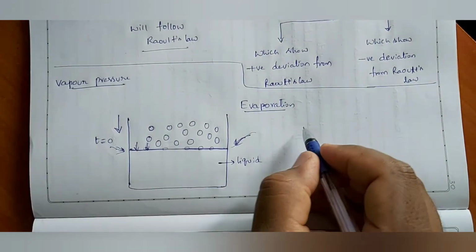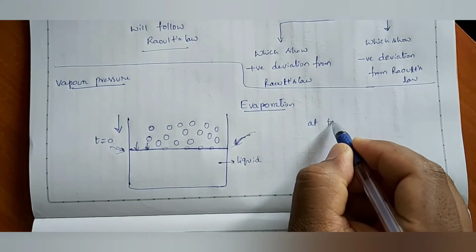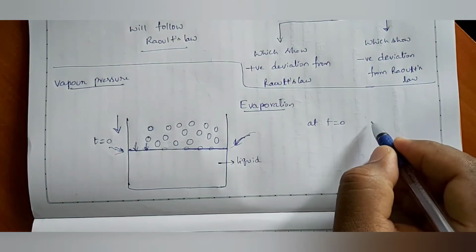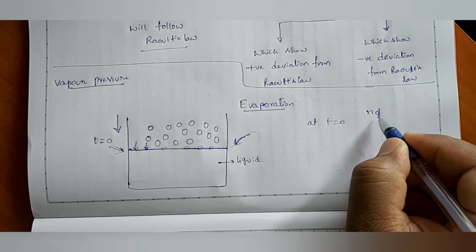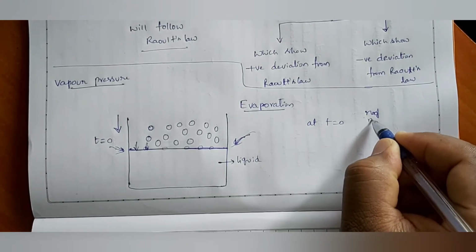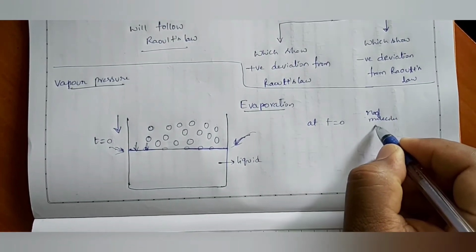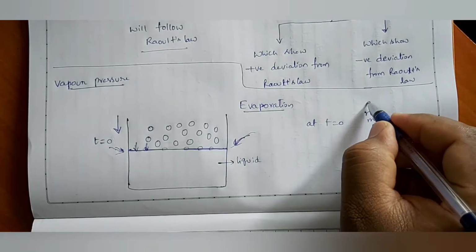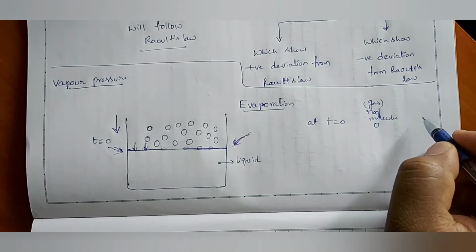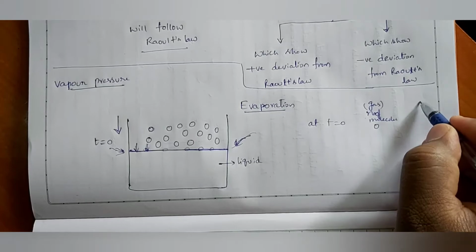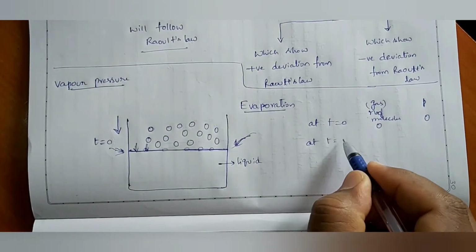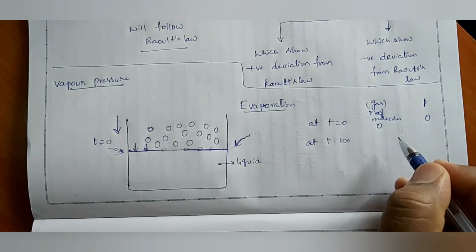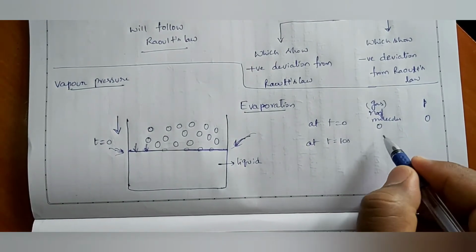Now, for example, at time t equal to 0, the number of molecules in the gaseous state is 0, and pressure is also 0. At time t equal to 10 seconds, the number of molecules became 5.